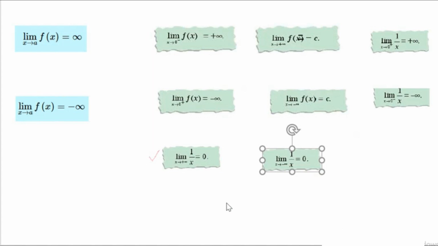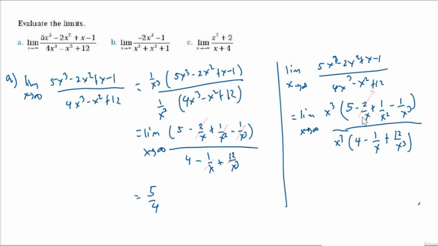So the limit of 2 over x, where x is the positive infinity, we are referring to this property. We have the limit of 1 over x as x approaches infinity is equal to 0. So that is what we applied when we cancel out 2 over x.